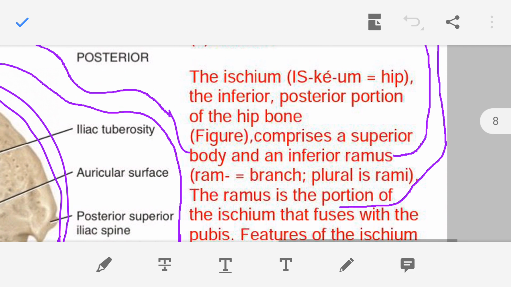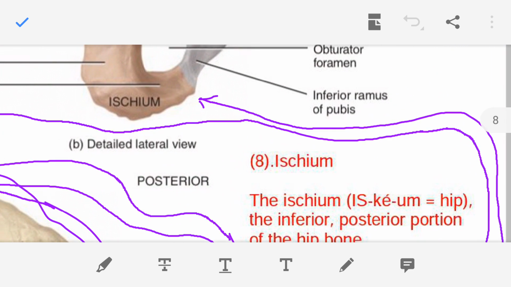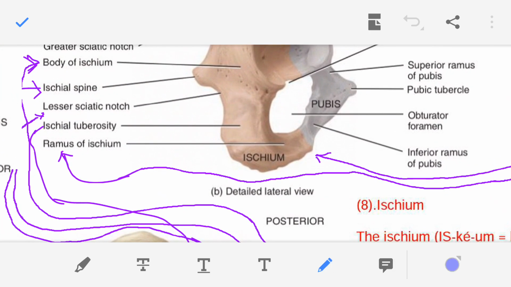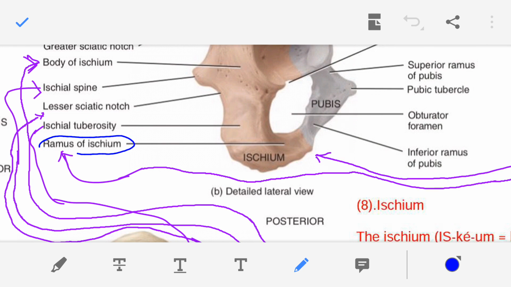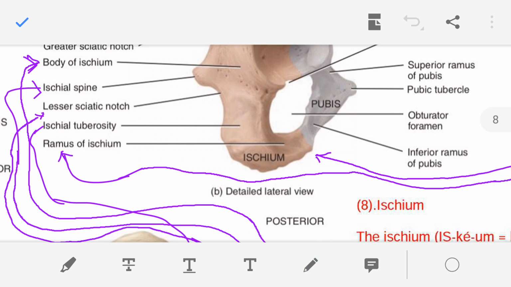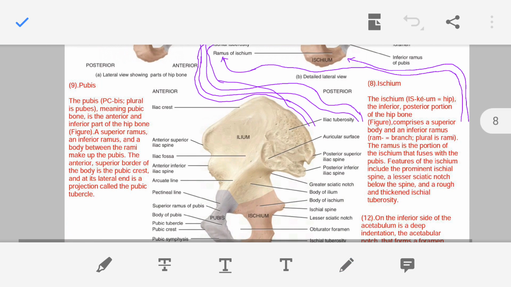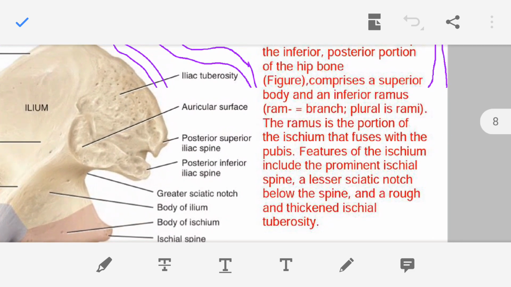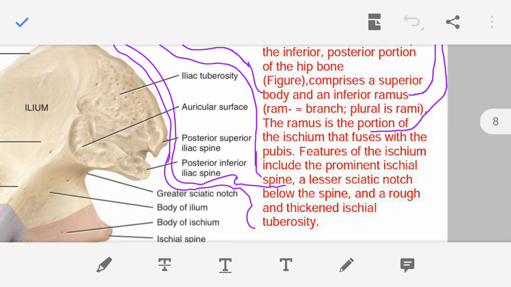So here, for example, in this figure, this one is the ramus of the ischium, and this one is the pubis. Here you can see it is joining the pubis. So that is the meaning of this, where these two are joining.